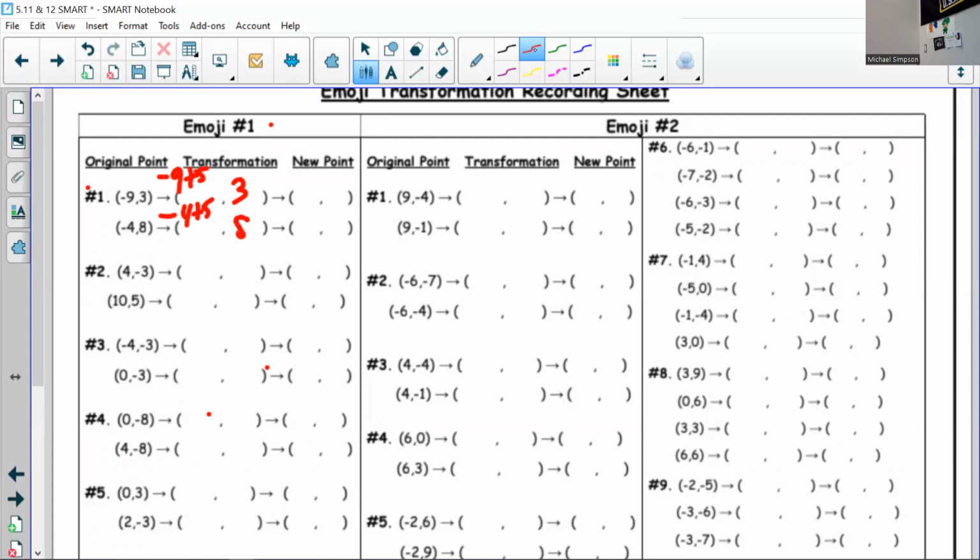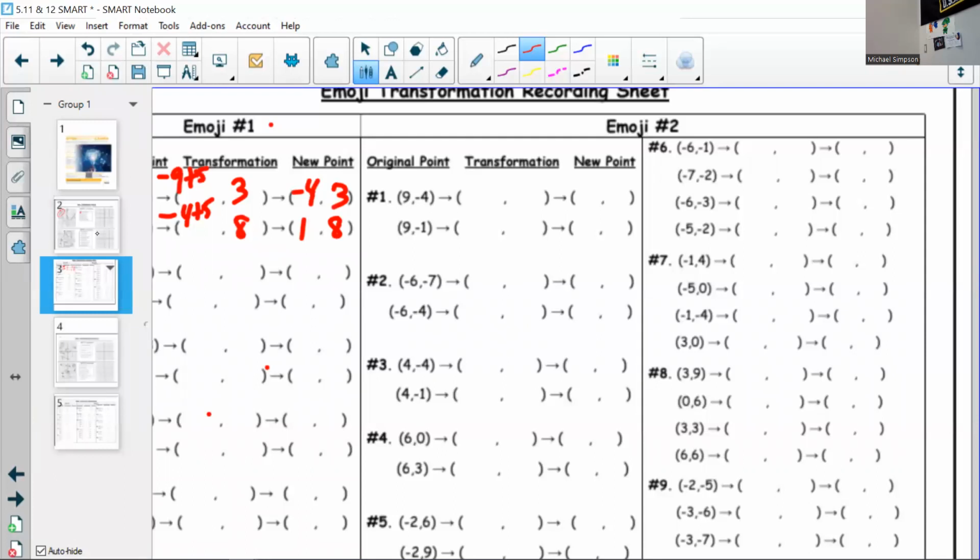The 8 stays the same. -9 and 5 gives me a -4, and then the y coordinate 3. -4 and 5 is a +1, and then I have the 8 y coordinate. See that? Now the new points are -4,3 and 1,8.